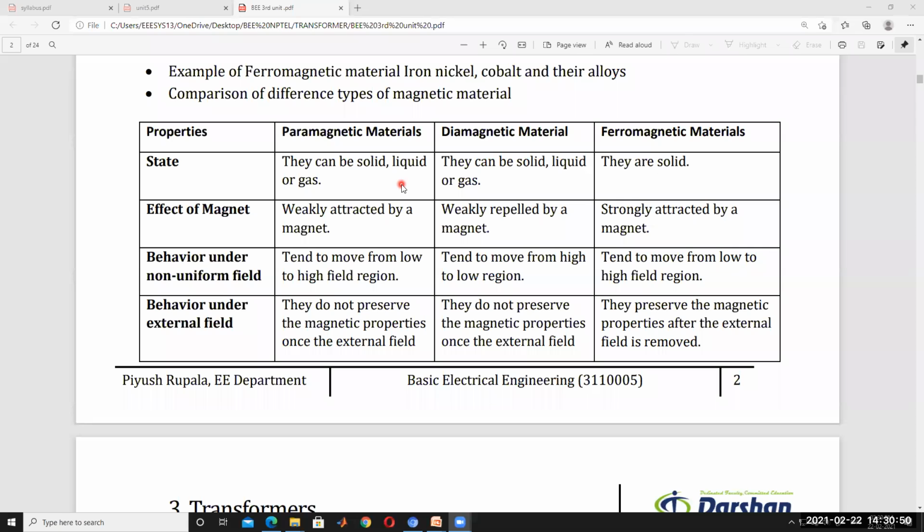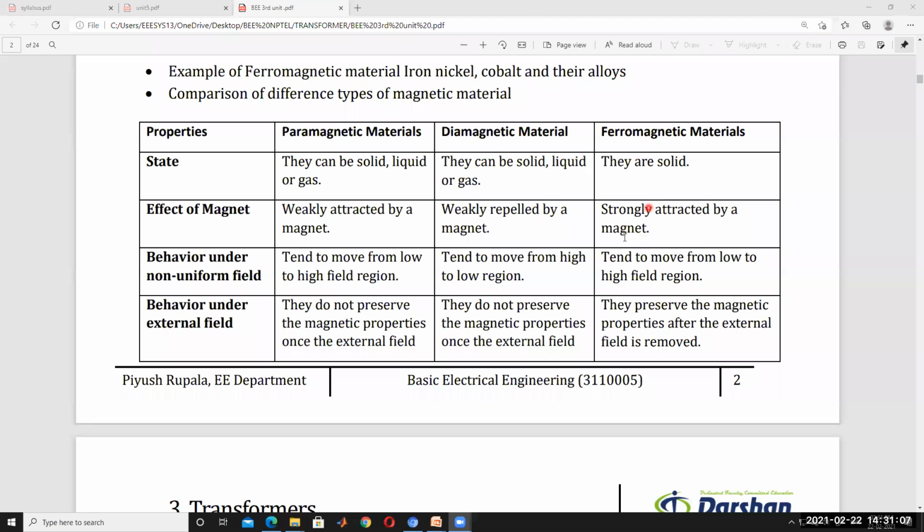Next, the effect of a magnet. Paramagnetic materials are weakly attracted by a magnet, and diamagnetic materials are weakly repelled by a magnet. Ferromagnetic materials are strongly attracted by a magnet.